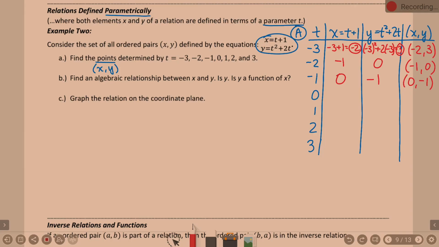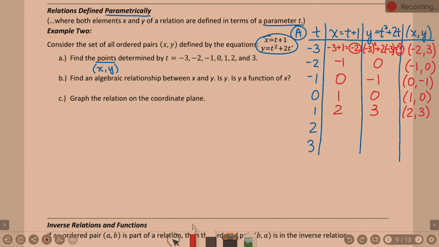Okay, put in 0. 0 plus 1 is 1. 0 squared plus 2 times 0 is 0. Ordered pair of 1, 0. Put in 1. 1 plus 1 is 2. 1 squared plus 2 times 1 is 3. Ordered pair of 2, 3.